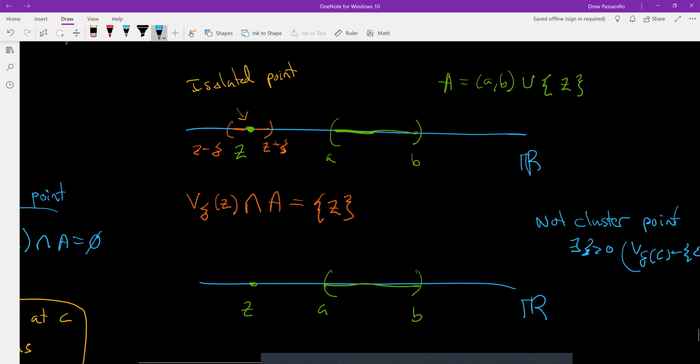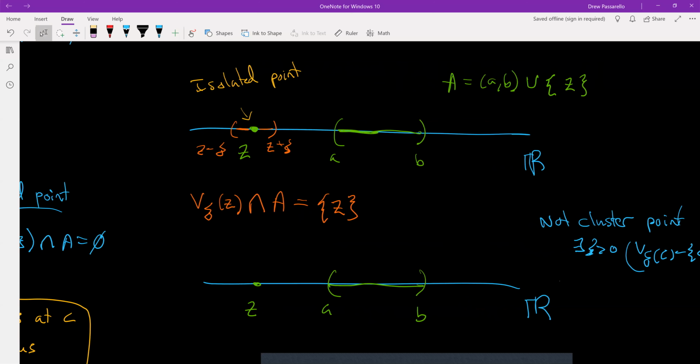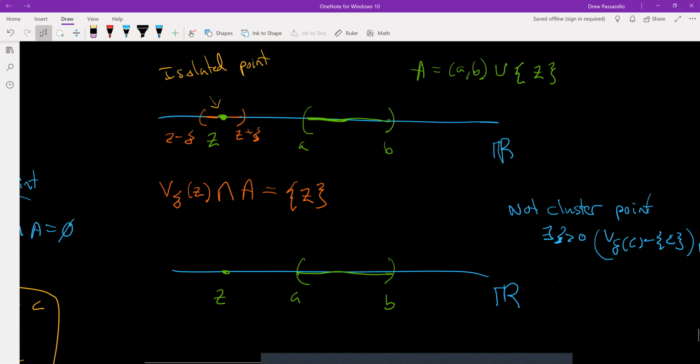So if we draw a delta neighborhood around Z, but in this case, it's going to be a punctured delta neighborhood.